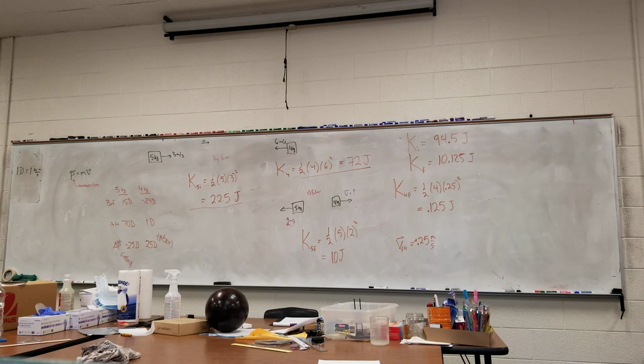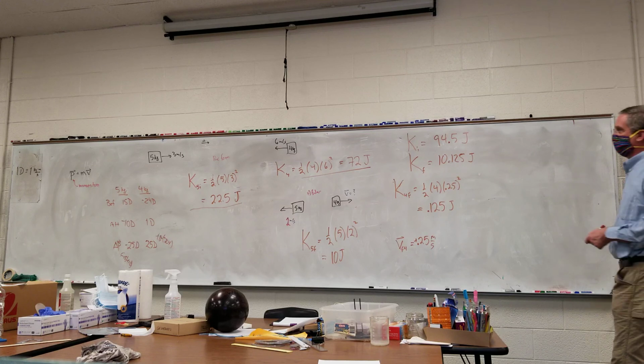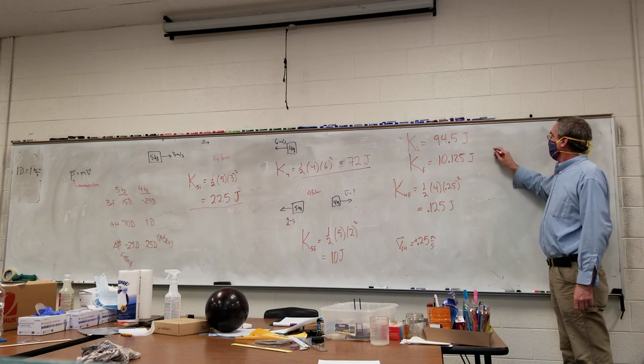Was energy conserved in this collision? No. It's not the same number before and after. It's in a straight line here. It's not like we're worried about potential energy, that there's been some change in elevation or some other force involved like that. So there's a loss.